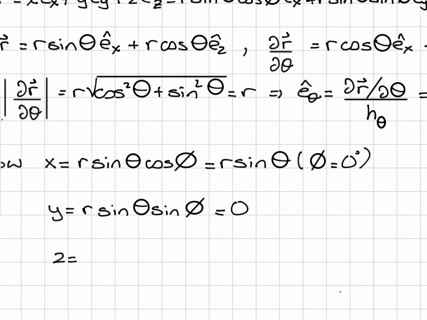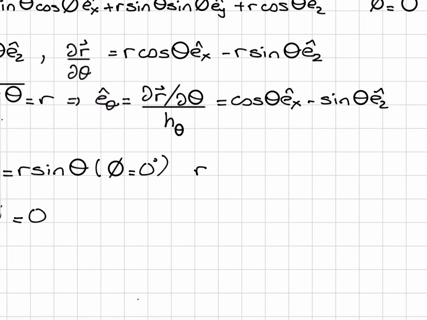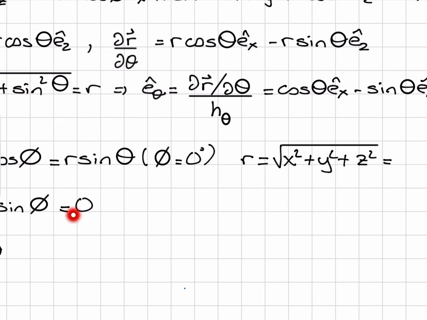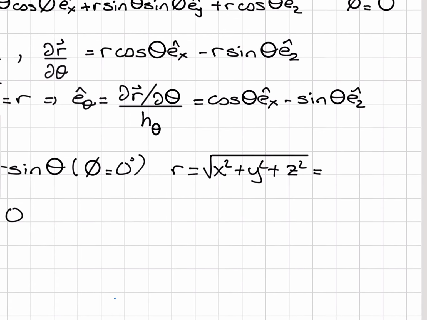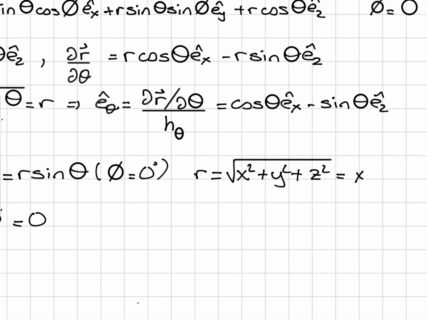And z is equal to r cosine theta. That's what we just did in calculating the scale factors. And r, the radius, is the square root of x squared plus y squared plus z squared. Since y is equal to 0 on this path, we have the square root of x squared plus z squared.